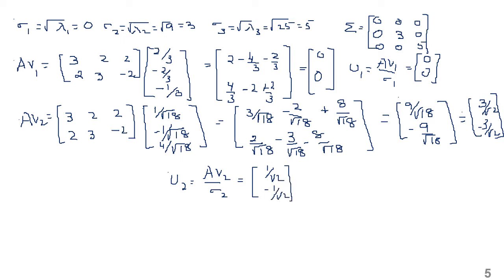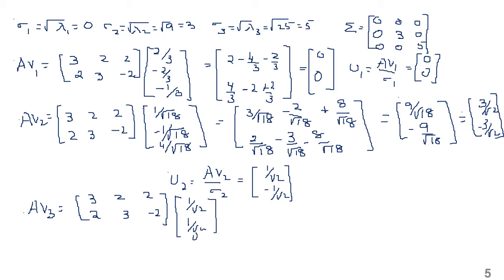Finally, we need to calculate AV3. AV3 is equal to 3, 2, 2, 2, 3, minus 2 multiplied by V3, which is 1 by root 2, 1 by root 2, 0.